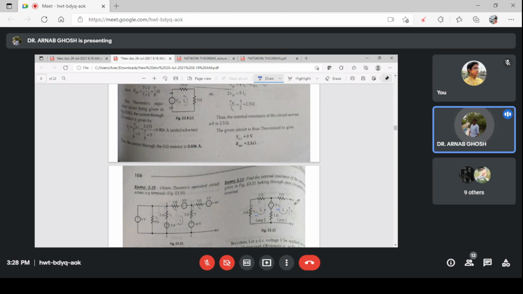This is your open circuit voltage V, the same as the voltage across this branch. So your V will be equal to 5 VL. Sorry, this is 5 VL, this is VL, and this is the open circuit voltage of XY. So you have to apply KVL in loop 1 and loop 2.